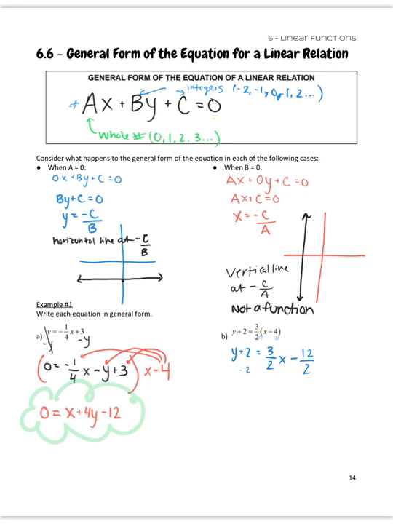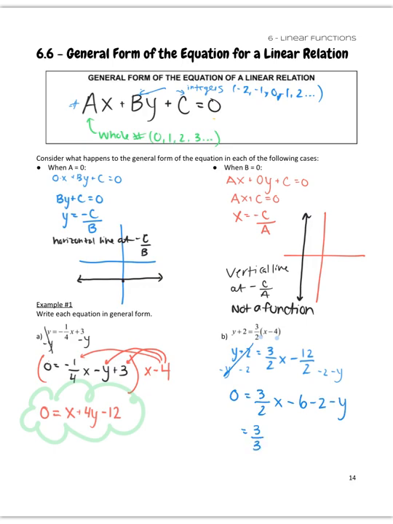So I'm going to subtract 2 from both sides, and I'm also going to subtract y from both sides. That will leave me with 0 over here is equal to 3 over 2x. I'm just going to keep this in order. Take away 6, take away 2, take away y. All right, I'm going to reorganize to get it in our order.